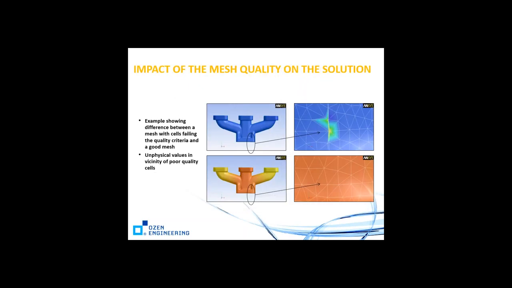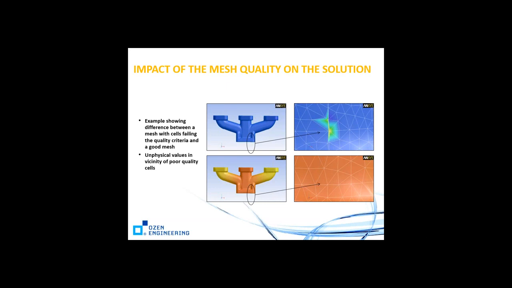And here's another example. This is an FEA example, showing the difference between a mesh with cells failing and one without. If you're doing an FEA problem, every once in a while you may see a local hotspot, just like in this example here, and you scratch your head and say, where's that coming from?